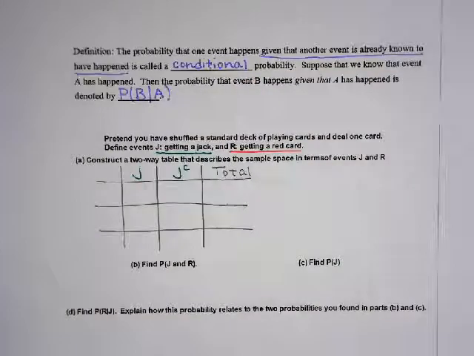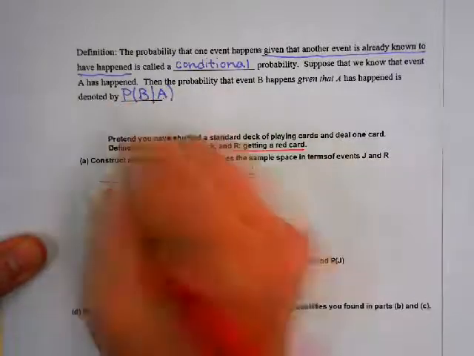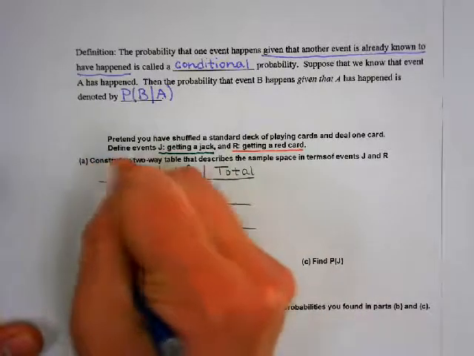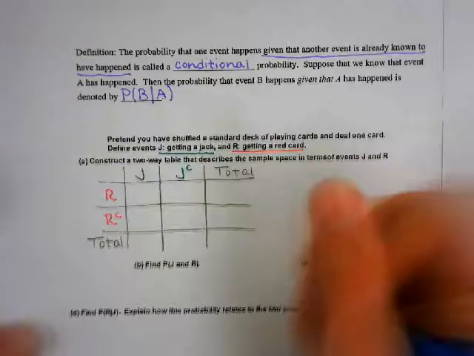Then our other element is a red card, red complement, and then the total. And remember that the bottom right is your grand total spot.